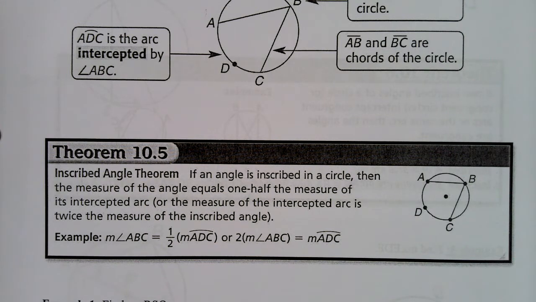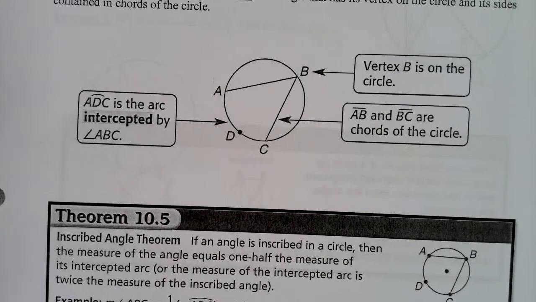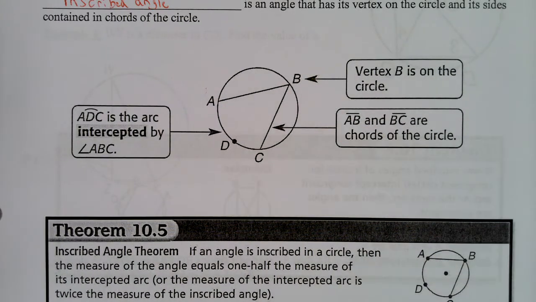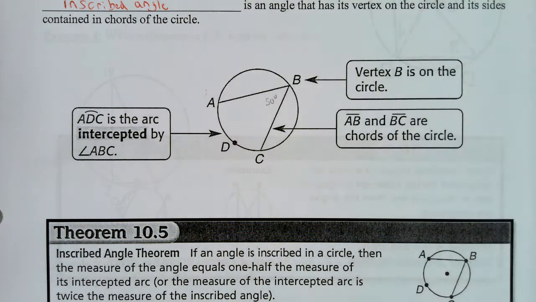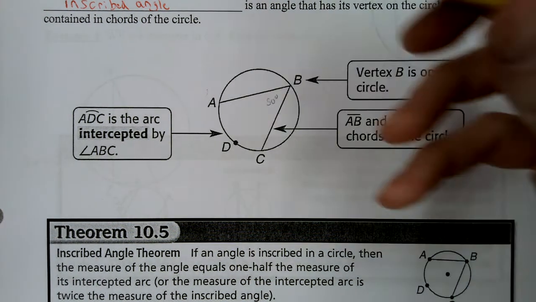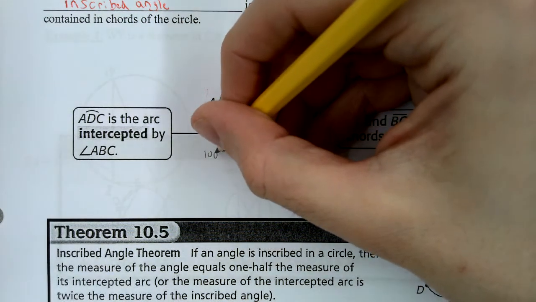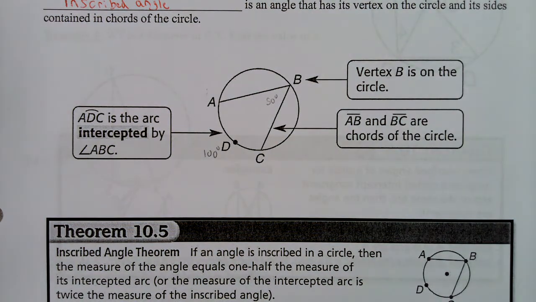The other way around, the measure of the intercepted arc is twice the measure of the inscribed angle. So if the inscribed angle was 50 degrees, that means the arc it intercepts is 100 degrees.